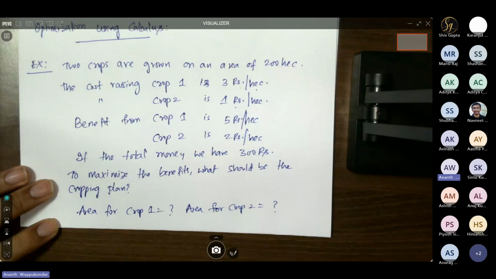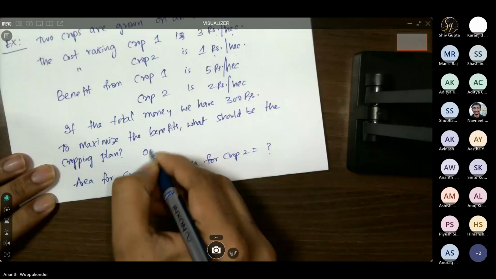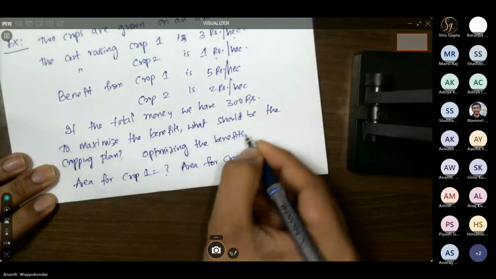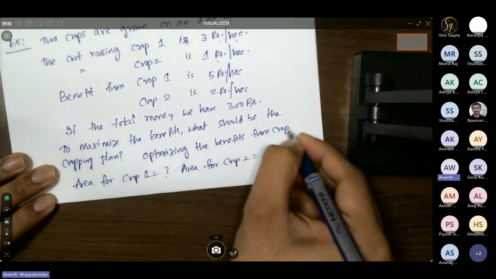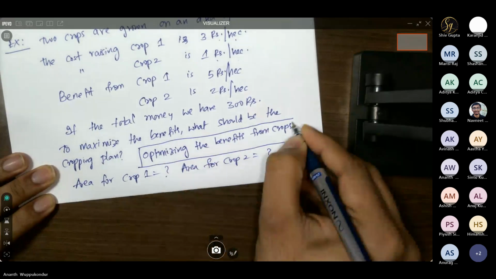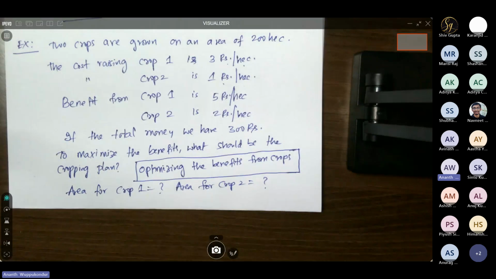So we are optimizing the benefits that we get from the crops. This is our target. I would like to read the problem again for a few seconds before we get into the solution.